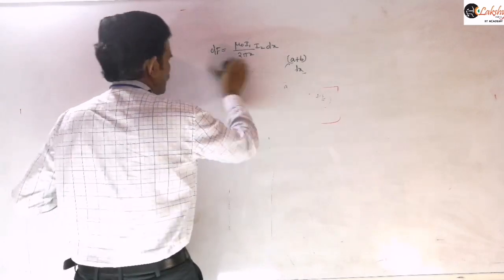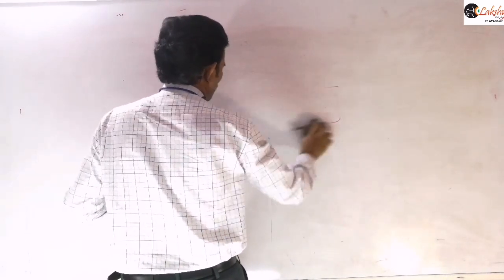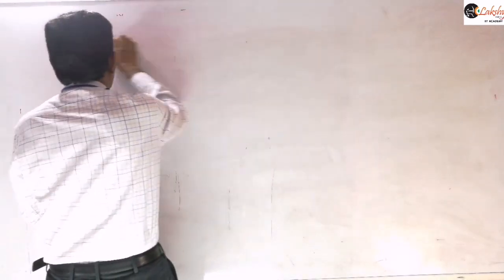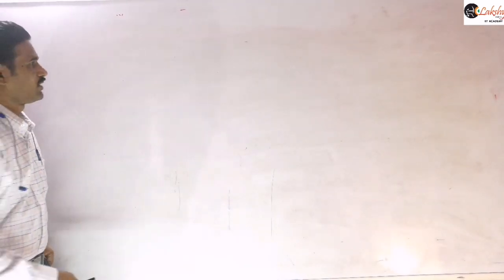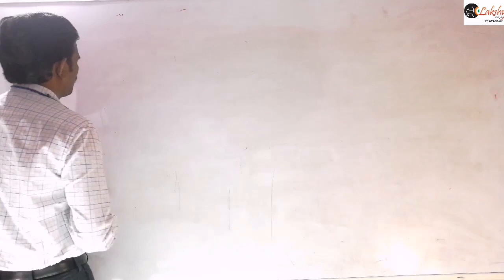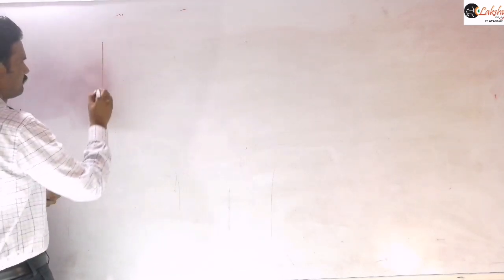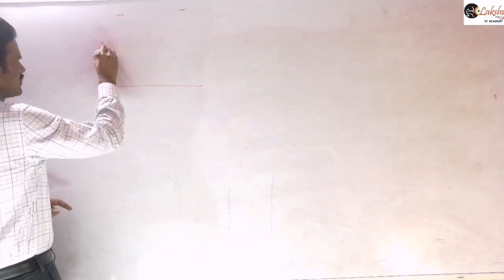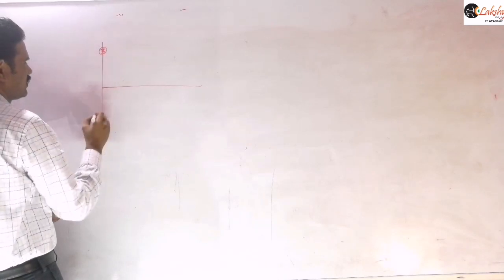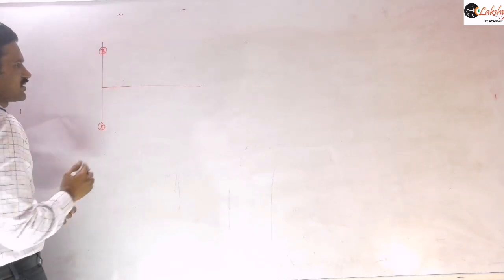And now let us take another similar problem, like when two wires were placed perpendicular to it. Now let us see this problem here. So here one wire is placed, carrying some current into the plane, and symmetrically another conductor is placed here.